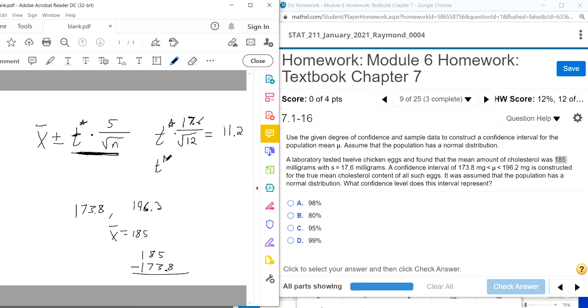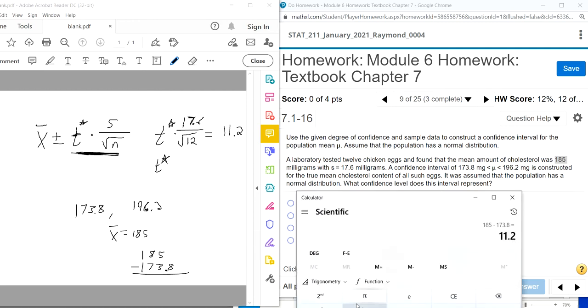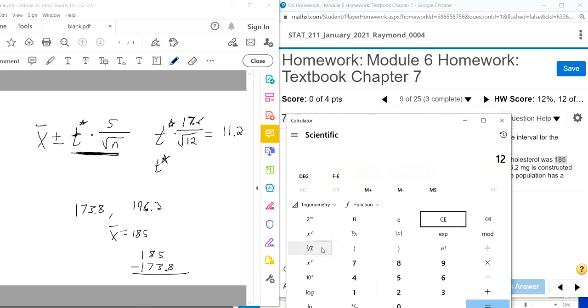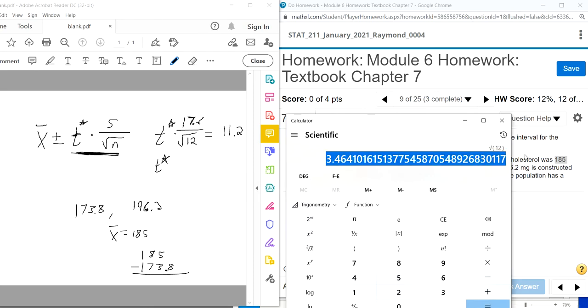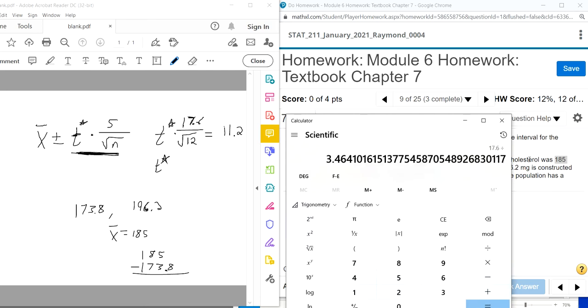Okay, and we can use that and go into StatDisk and figure out what that corresponds to. So in my calculator, I'm actually going to plug in the square root of 12 first, because then I can copy the value. So there's the square root of 12. I'm going to copy that to my clipboard. And I'm going to do 17.6 divided by the square root of 12. So this fraction is roughly 5.08068.